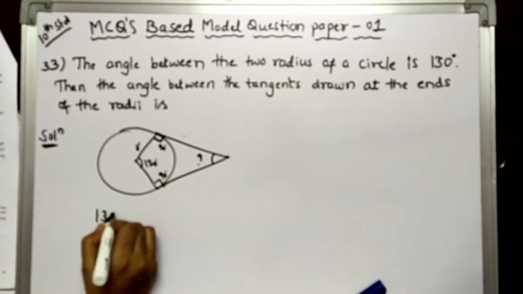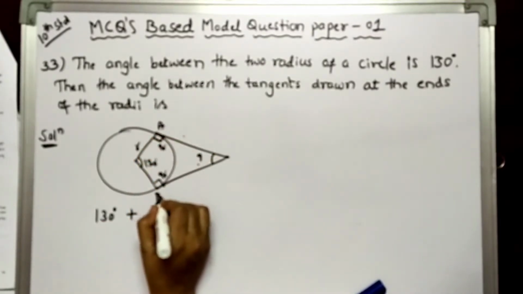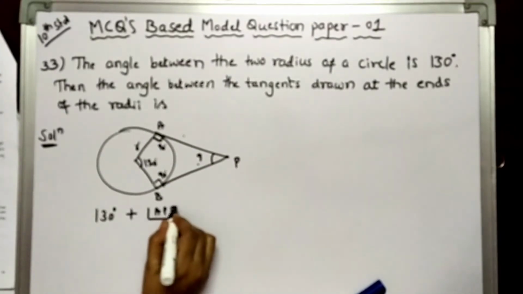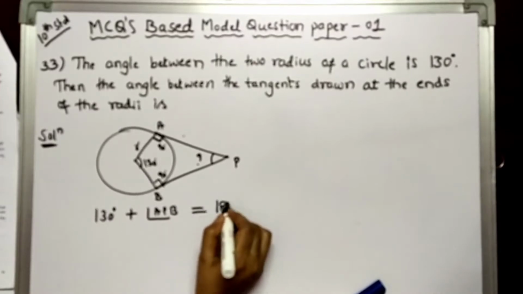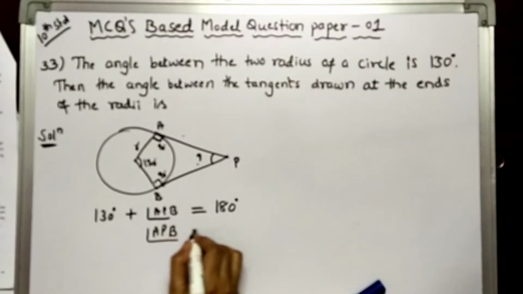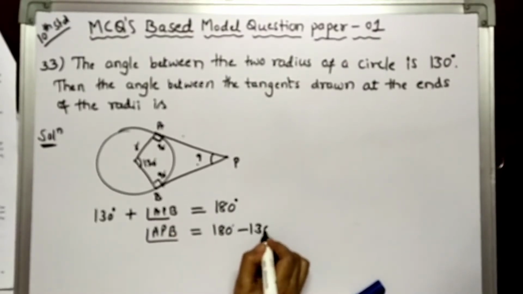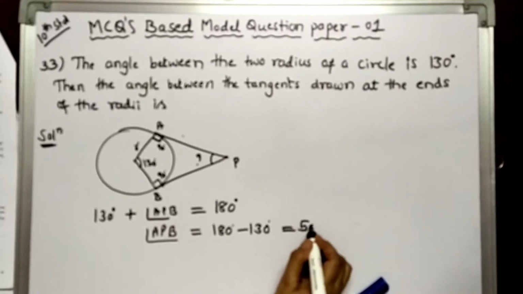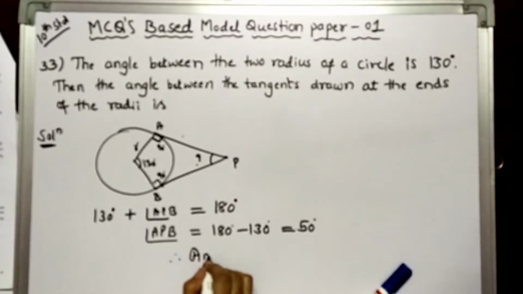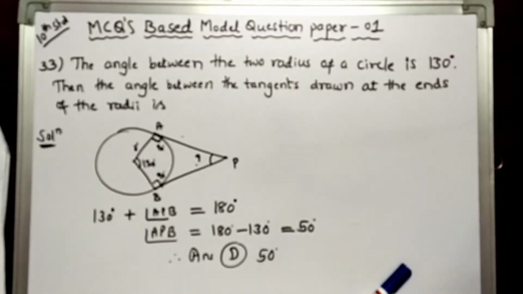See, 130 degrees plus angle APB is equal to 180 degrees. So angle APB is equal to 180 minus 130 degrees, which is 50 degrees. So option D, that is 50 degrees.